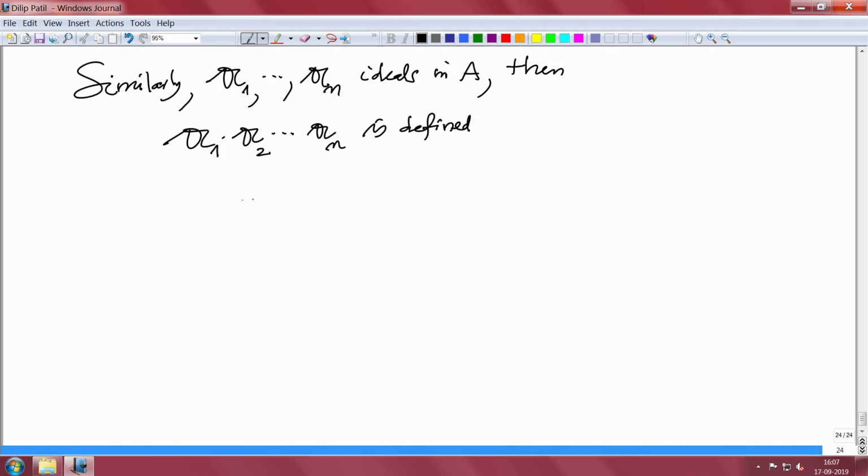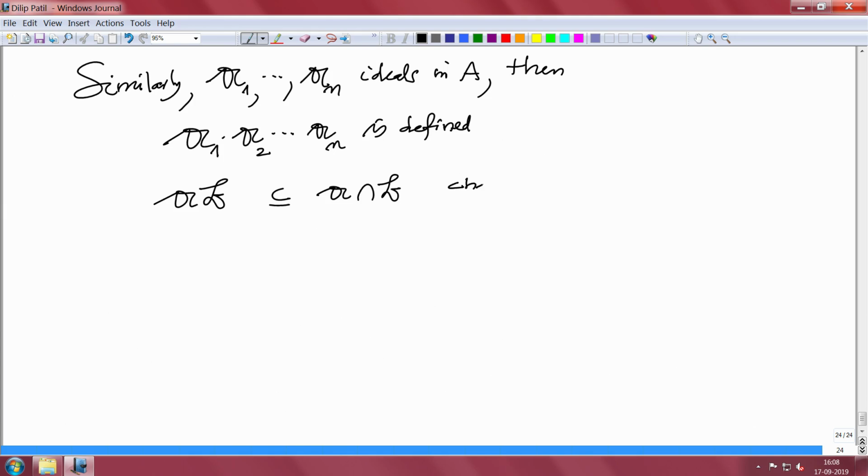And what is obvious is, I forgot to mention, for two ideals 𝔞 and 𝔟, what is the relation between 𝔞𝔟 and 𝔞 intersection 𝔟? See, this is generated by the products, and each product is in 𝔞 as well as in 𝔟. Therefore, each generator of this ideal is contained in the intersection, and therefore this ideal is contained in it, since the intersection is an ideal which contains all the generators. Therefore, this inclusion.